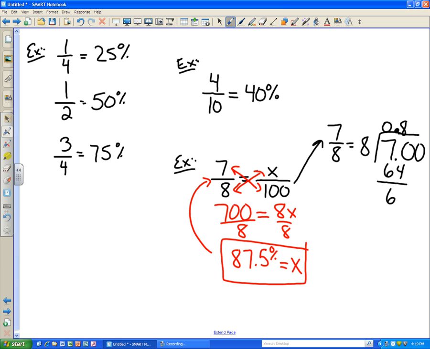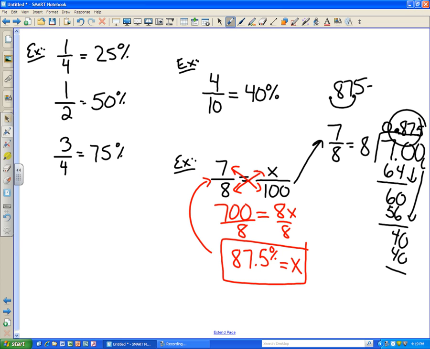Subtract. Bring down our 0. 8 times 7, 56. Subtract. Bring down another 0. 8 times 5, 40. Now I have my decimal, which is less than 1 whole. How do I turn 0.875 into a percent? I move the decimal twice, which makes it 87.5%.